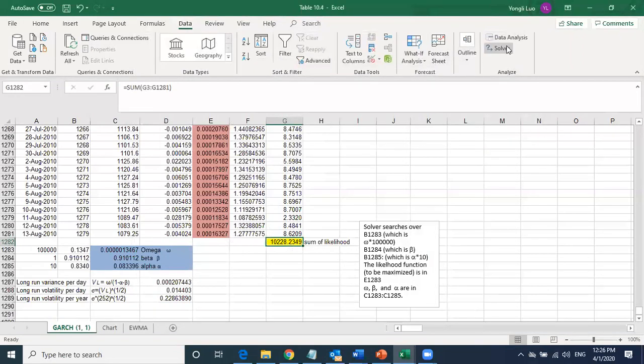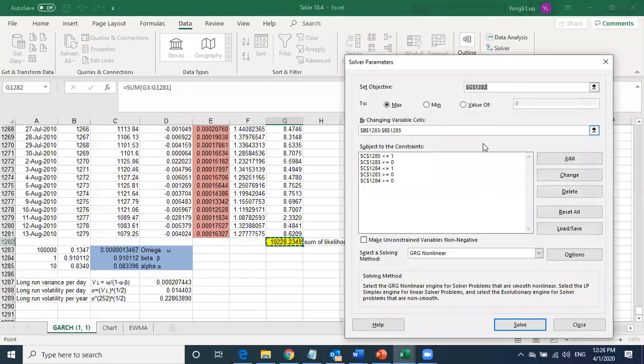Then you have this button right here. Otherwise, you don't have this button, so you cannot use Solver if you didn't add this function. Click on Solver.